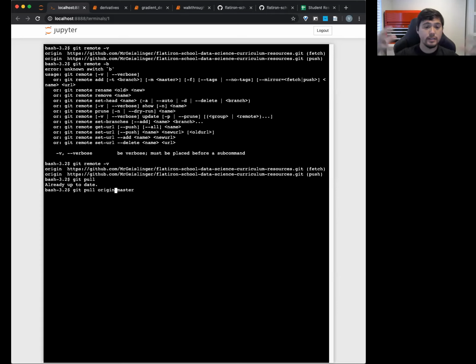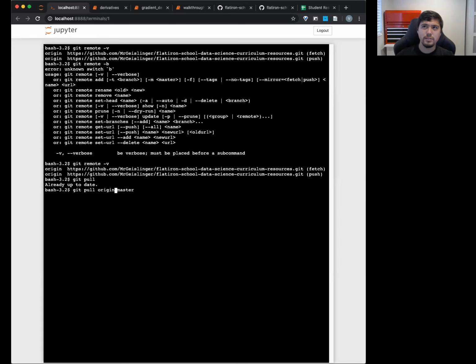It fetches that information onto origin master and then merges it onto my local master branch. So a git fetch is basically just pulling it down without the merge, and then you can do the merge yourself.